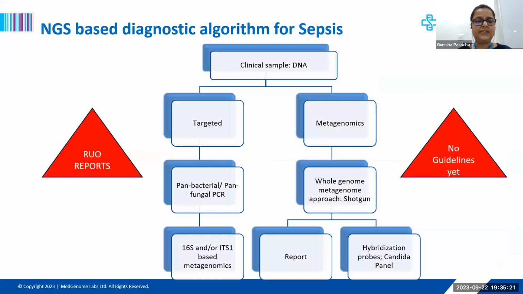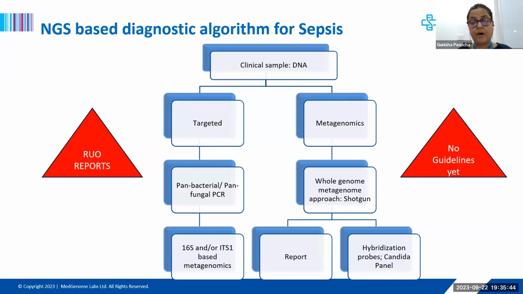So this is the diagnostic algorithm we currently use for difficult cases in sepsis, as well as other clinical metagenomics on clinical samples that are difficult to diagnose, such as CSF infections, endocarditis cases, and prosthetic joint infections.